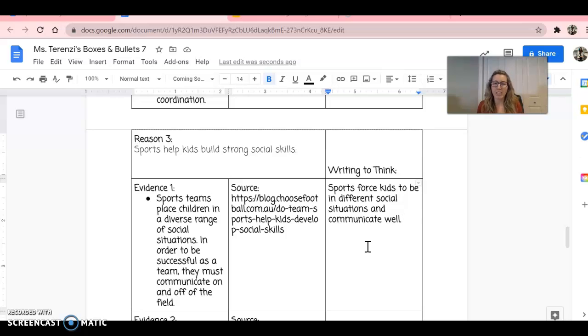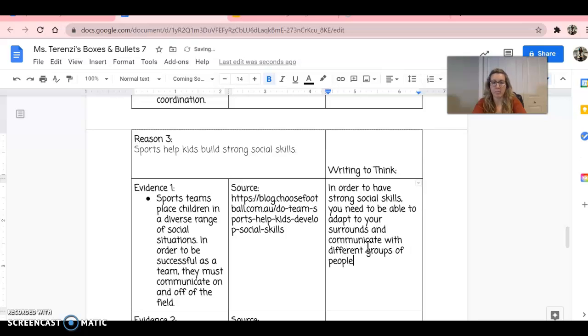So in order to do that, we need to sort of switch things up, and after you use your evidence, then you need to include your own thoughts. So instead of saying this, I'm going to say, how does it prove that it helps them build social skills? Well, in order to have strong social skills, you need to be able to adapt to your surroundings and communicate with different groups of people.